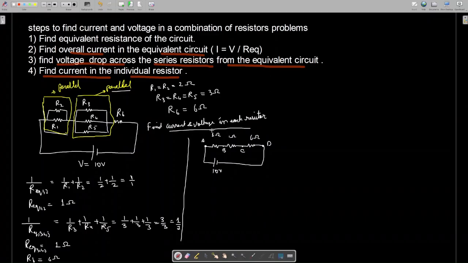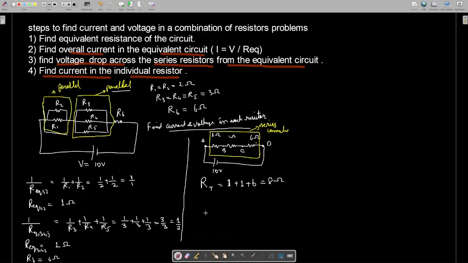Now this is a series connection. This is a series connection. Therefore, the equivalent resistor of the circuit is 1 plus 1 plus 6 equal to 8 ohms.